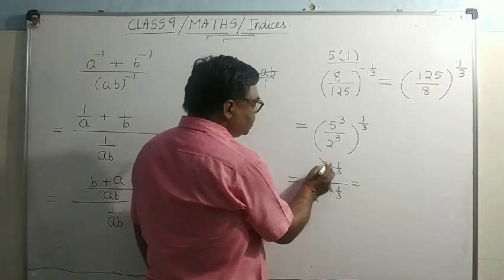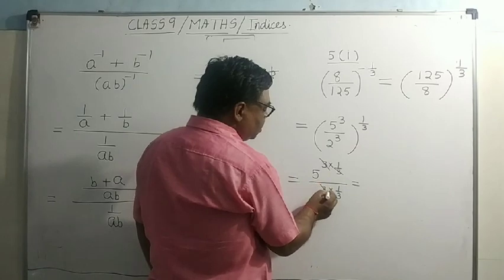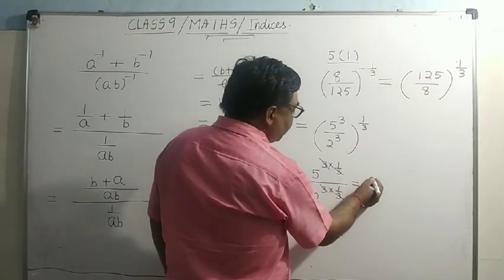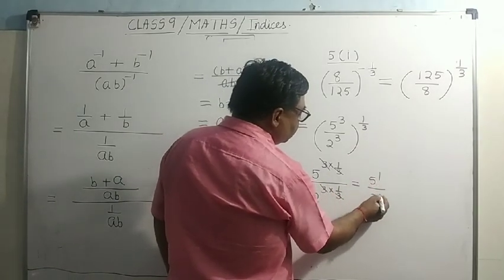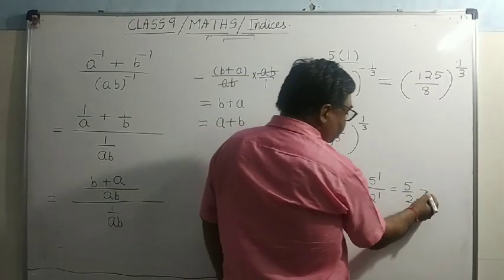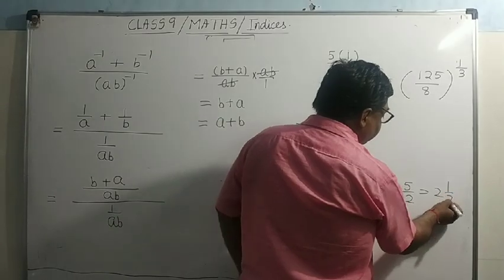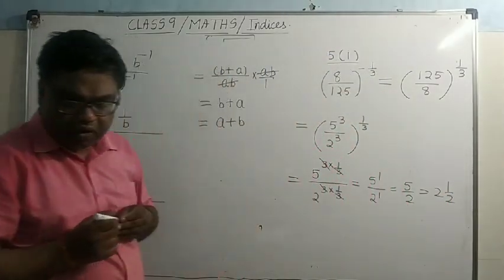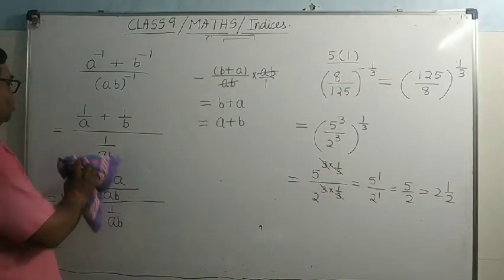So the powers are cancelled. 3 cancelled. So 5 to the power 1 upon 2 to the power 1. That is 5 upon 2. So it will be 2 whole 1 upon 2.